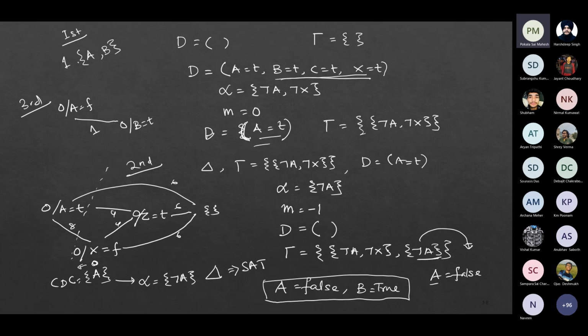But that does not mean we do not have any incomplete SAT solvers. So there are many methods which are heuristics based, and they will try to solve the problem in a pretty faster manner. But in some cases, they might not be able to find out a satisfiable assignment, though the knowledge base is satisfiable. So that's why they are called incomplete solvers. So I have not talked about really the incomplete solvers.